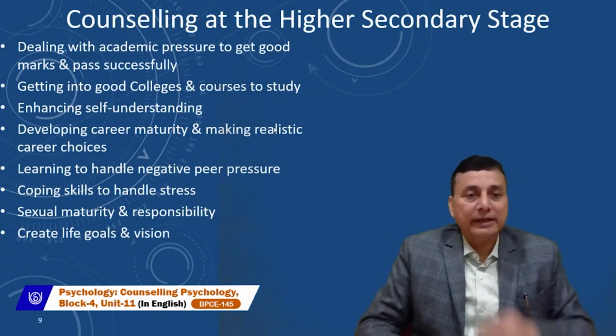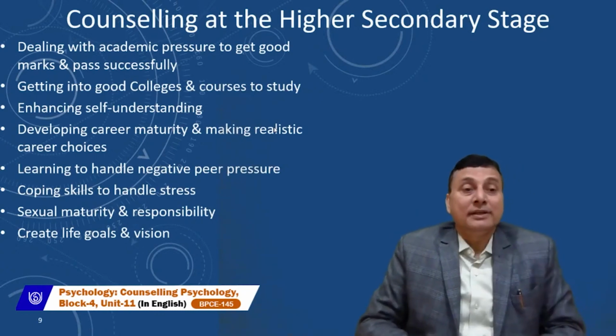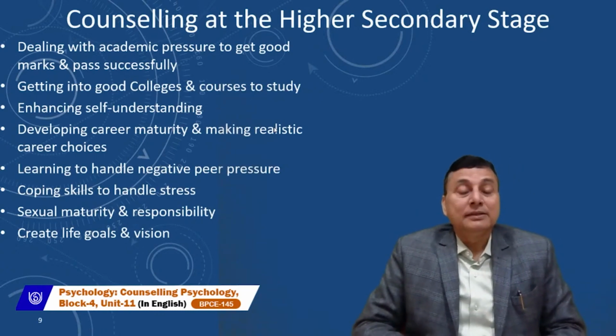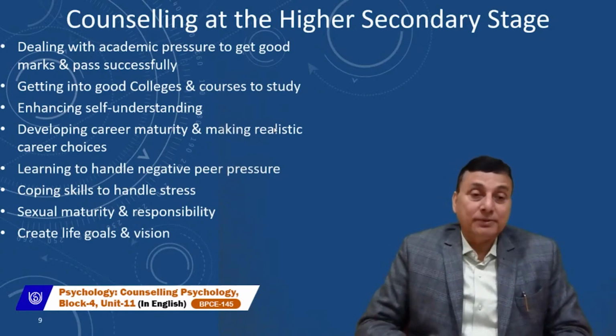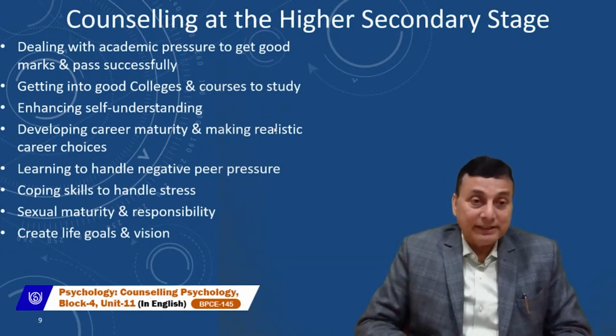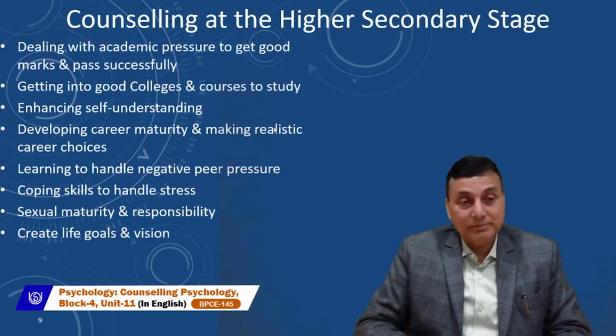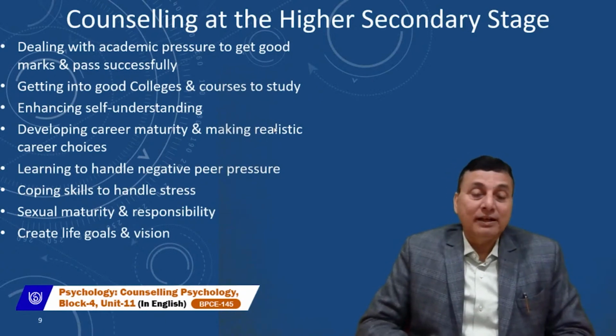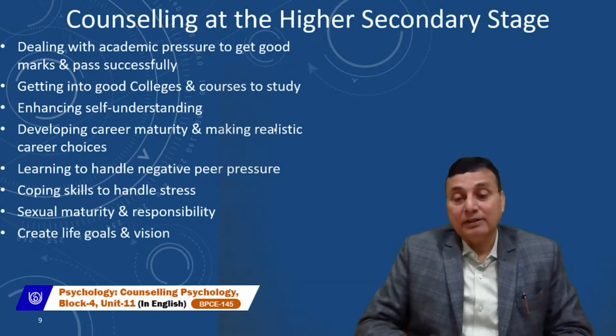Learning to handle negative peer pressure. Sometimes there is lots of peer pressure for smoking, for taking alcohol, for certain other antisocial activities. So during the life skill training, these things must be taught to the children. Assertiveness training, we call it: how to assert, how to say no, how to manage this peer pressure.